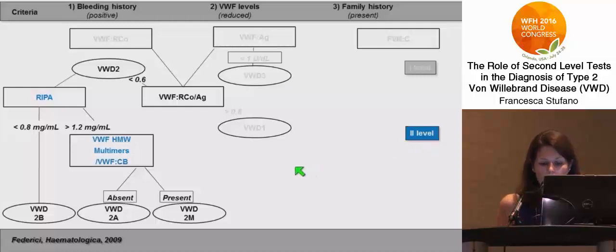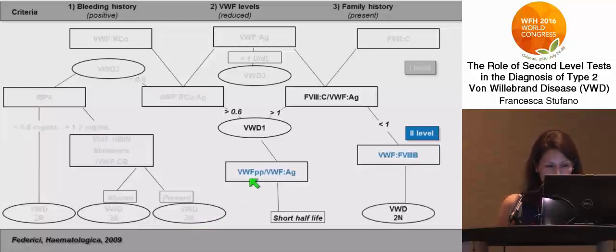With the second level tests, we can diagnose other variants of von Willebrand disease type 2. With the RIPA test, we can diagnose von Willebrand disease type 2B. With multimer analysis or with the von Willebrand factor collagen binding, we can diagnose von Willebrand disease type 2A or 2M.